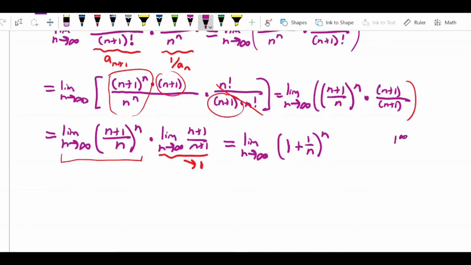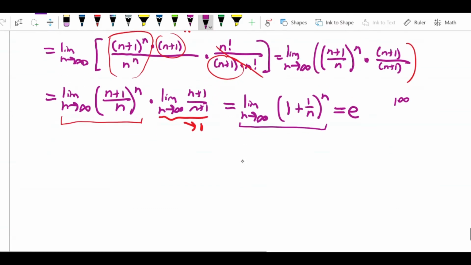So this is a 1 to the infinity type of L'Hopital's rule situation, where you basically have to solve this by converting this expression into e to the natural log of this, thereby bringing the exponent down. I invite you to go back to the earlier video and review how to evaluate this limit. The point is that this limit is going to come out to e. In fact, it's worth remembering that this limit expression comes out to e, even though you should know how to calculate it.